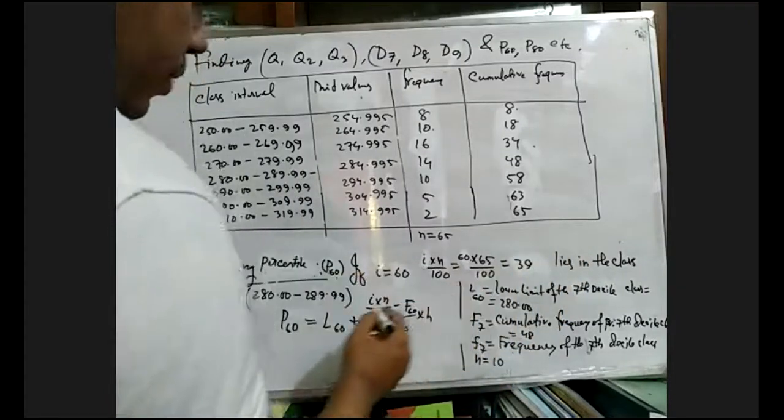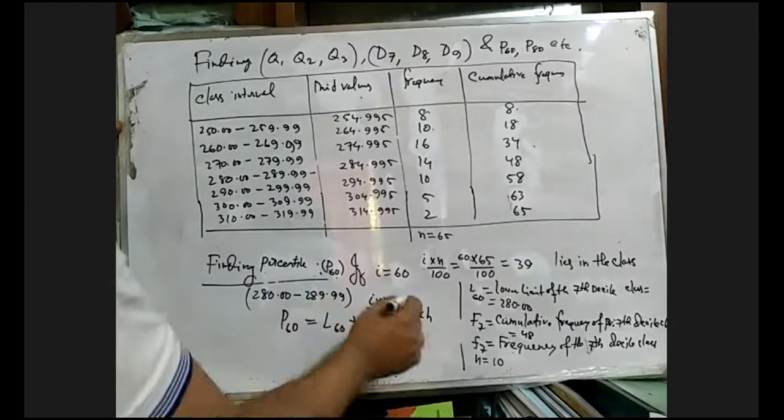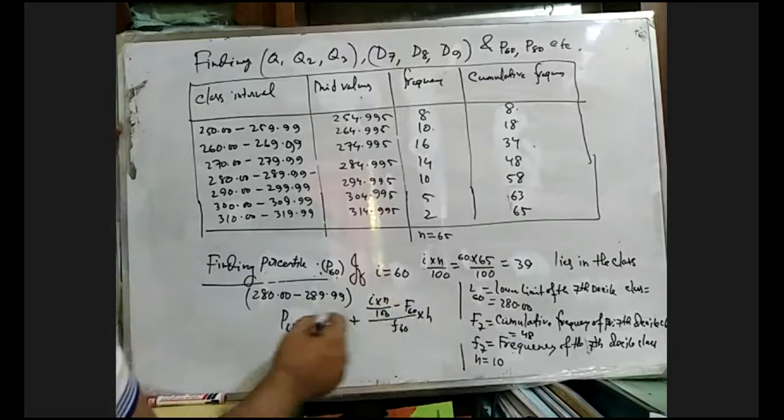From the formula, taking i equals 60, we get this.